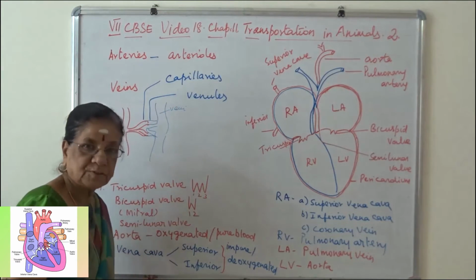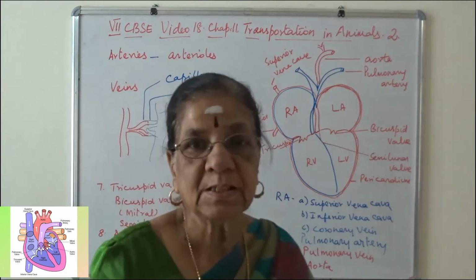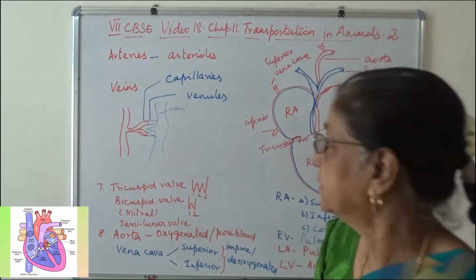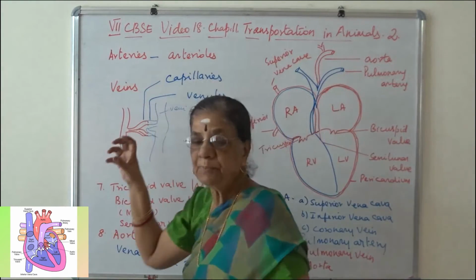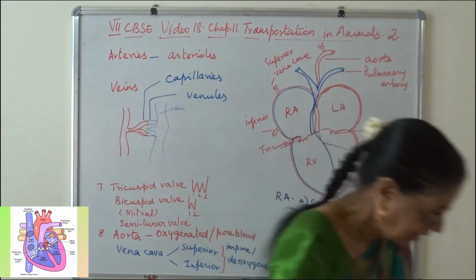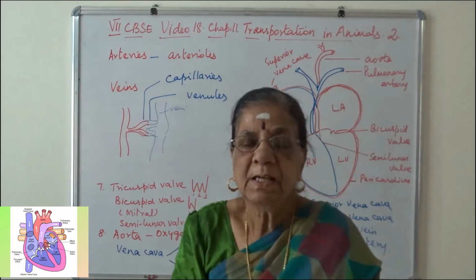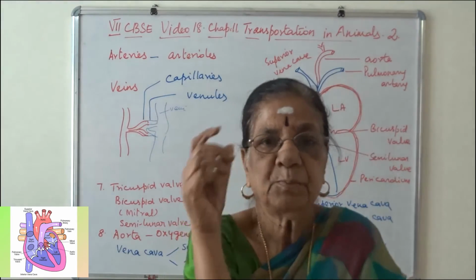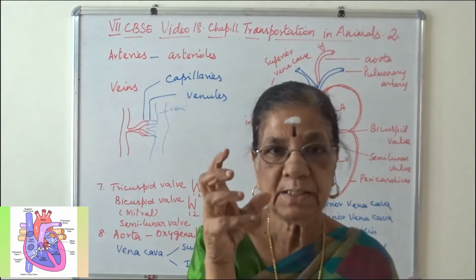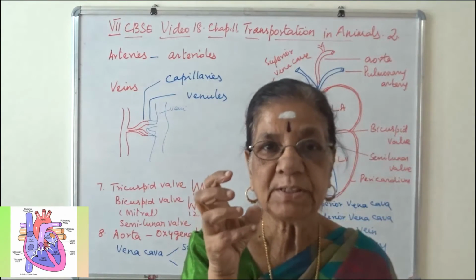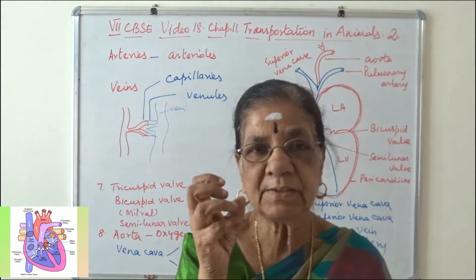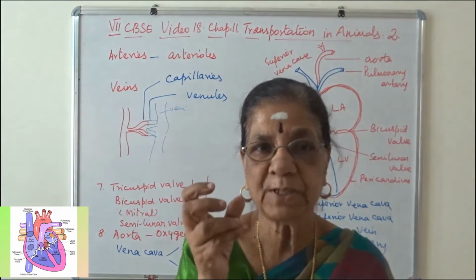I hope you understand. So now these arterioles and venules intermingle with each other at several points, just as muscle fibers end with fine muscle fibers.